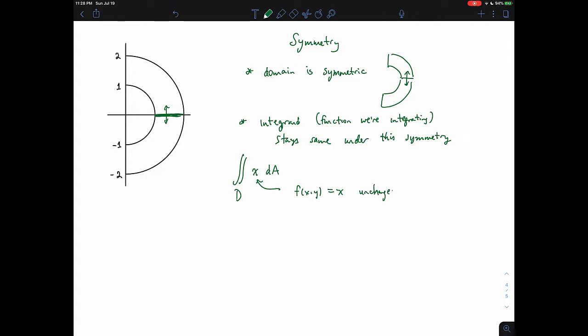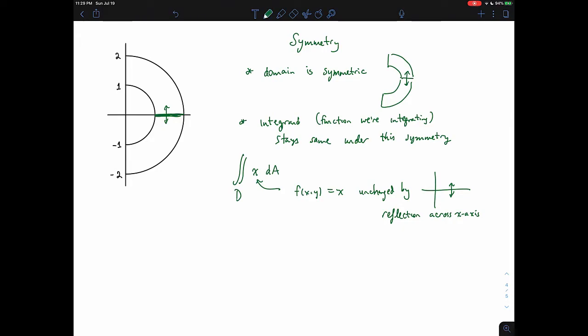It's unchanged by a reflection across the x-axis. That reflection changes the y values from plus to minus or minus to plus, but the x values stay the same. They stay unchanged.